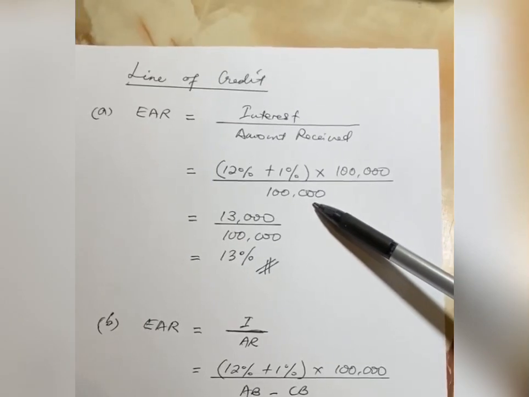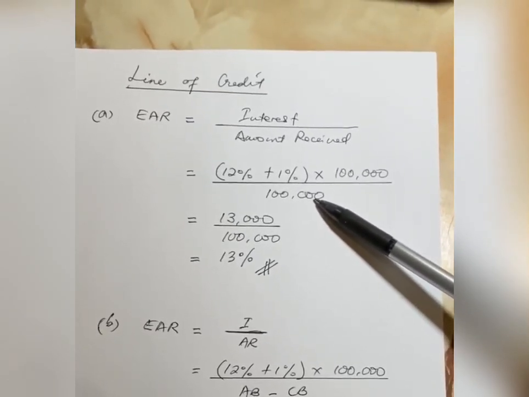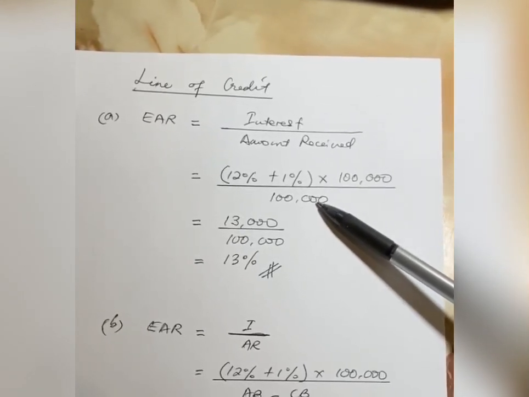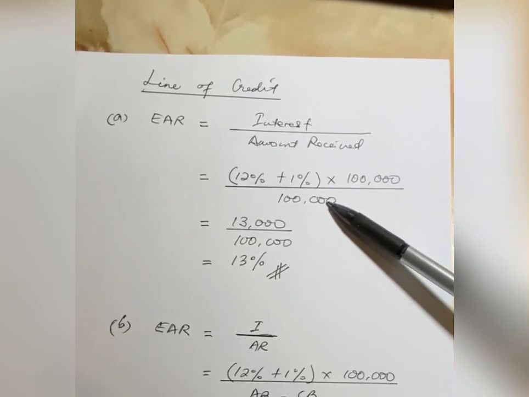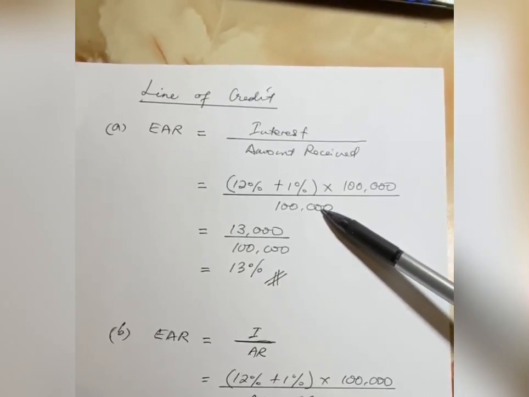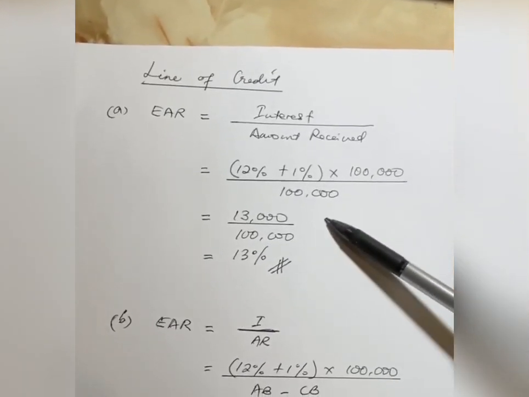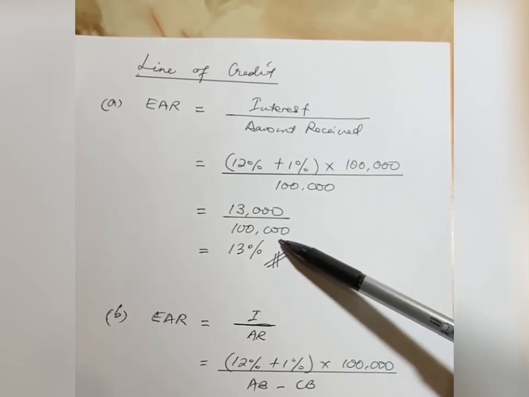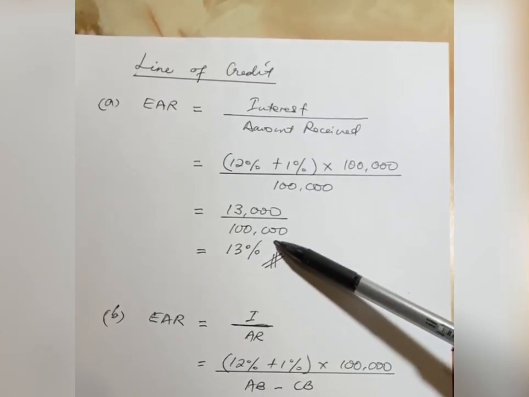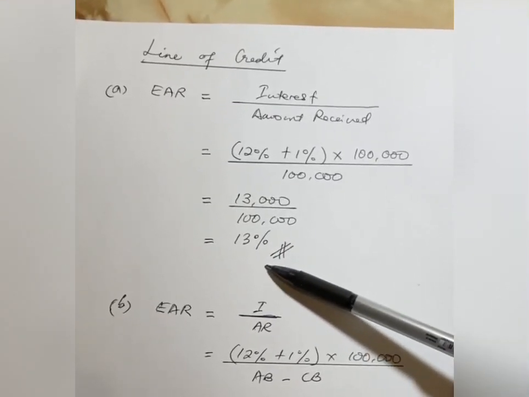Therefore, the compensating balance amount is 20,000, and the company has money between 20 to 30,000. So the money in the account is sufficient to be the compensating balance for this specific loan. Therefore, the EAR is 13,000 interest over the amount received of 100,000. So the EAR is 13%.